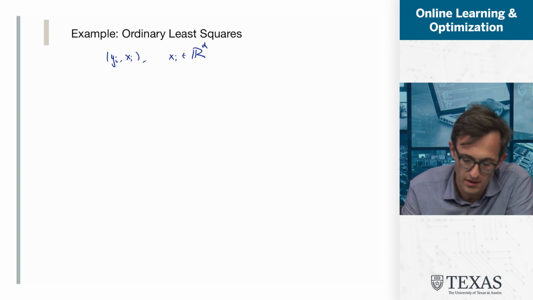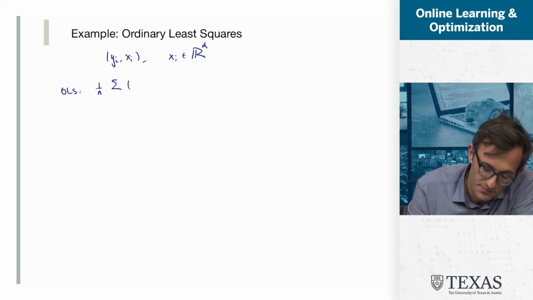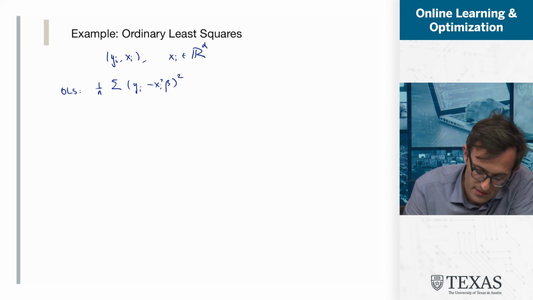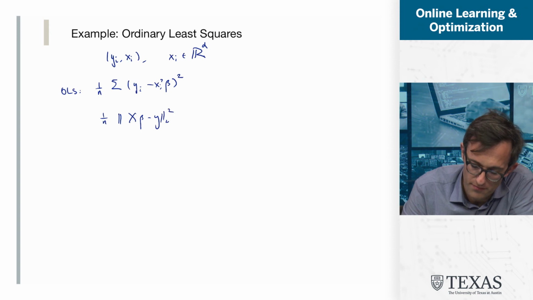So ordinary least squares asks me to minimize 1 over n times the sum of yi minus xi transpose beta squared. Again, beta is what I'm minimizing over, and I can write this as 1 over n times the norm of x beta minus y squared.